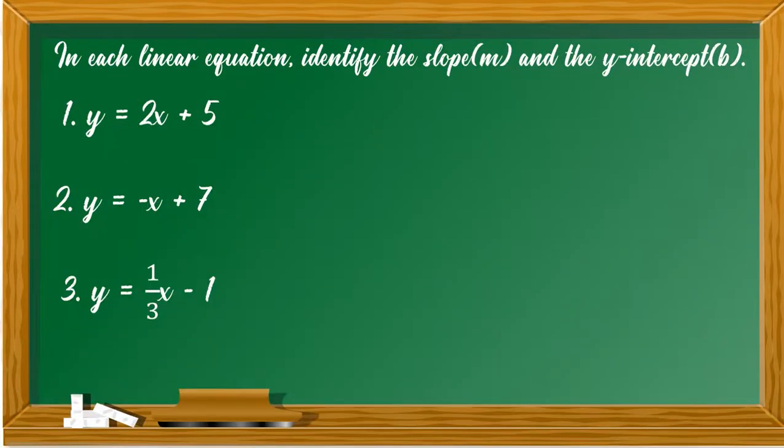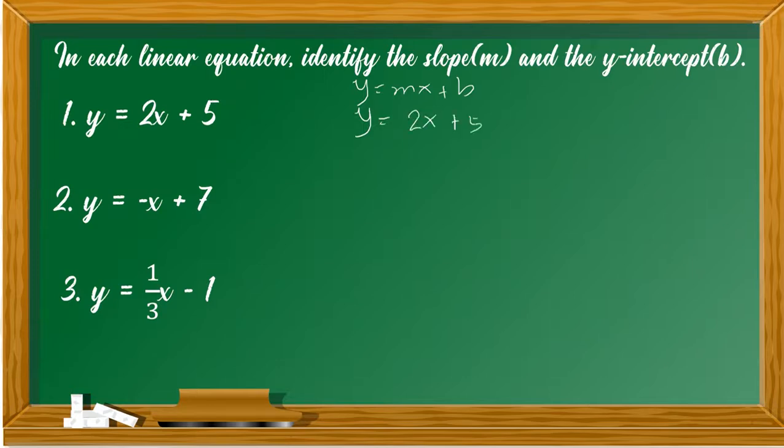Let us apply what we have just discussed in finding the slope and the y-intercept of each line written in the slope-intercept form. To do this, always write the slope-intercept form of a line as your guide. So we have for number 1, y equals 2x plus 5.